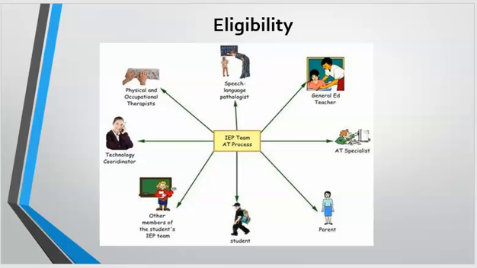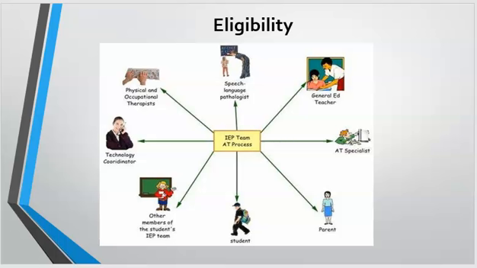In this stage, the team will determine whether the student is eligible to be placed in the special education program or not, and also to determine if the student is eligible to receive other related services, such as speech therapy, occupational therapy, physical therapy, and counseling.